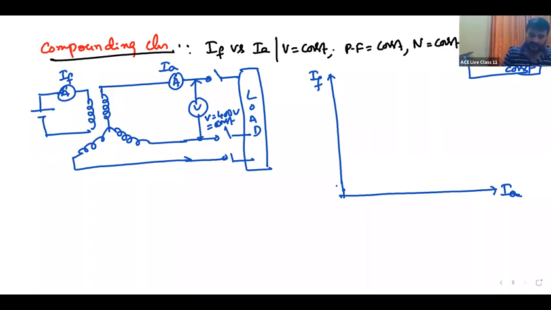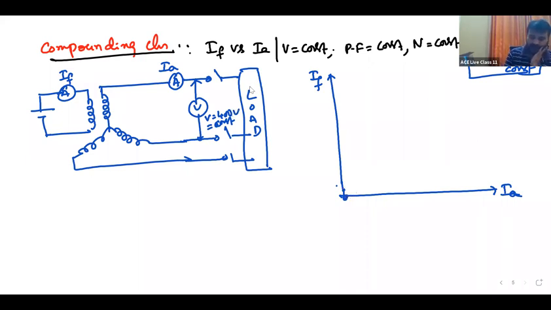Listen, will the curve start from the y-axis or the x-axis? This is IF. We need to give the variation of IF with respect to IA, and for IA, compulsorily, you need to start from 0 onwards. The x-axis must start from 0. When IA is 0, no load condition, I want 400 volts.